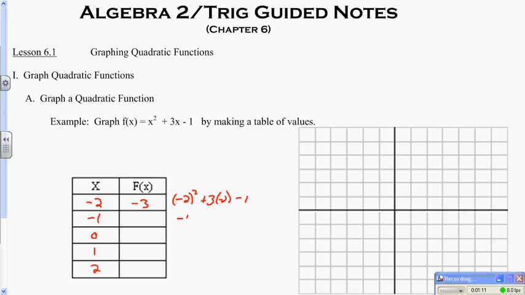We plug in a -1, and that gives us 1 minus 3 minus 1, so -3. If you plug in a 0, we'll end up with -1. We plug in a 1.